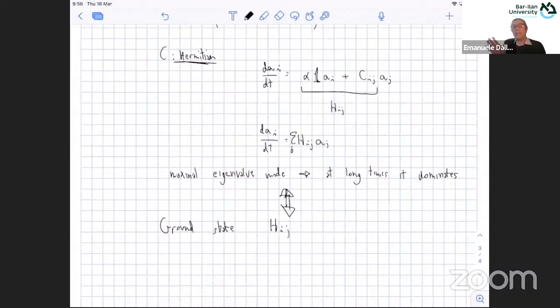We are not finding any ground state here. It's a dynamical problem, but it's linear, and it's equivalent to finding the ground state of some Hamiltonian. Because what is finding a ground state? The ground state is a state with the minimal energy. Here we are finding the state with the maximal eigenvalue, so it's like finding the ground state of minus that Hamiltonian.